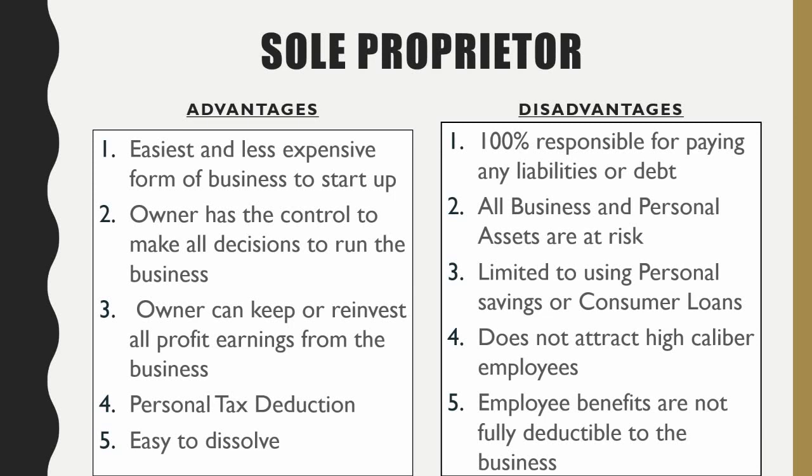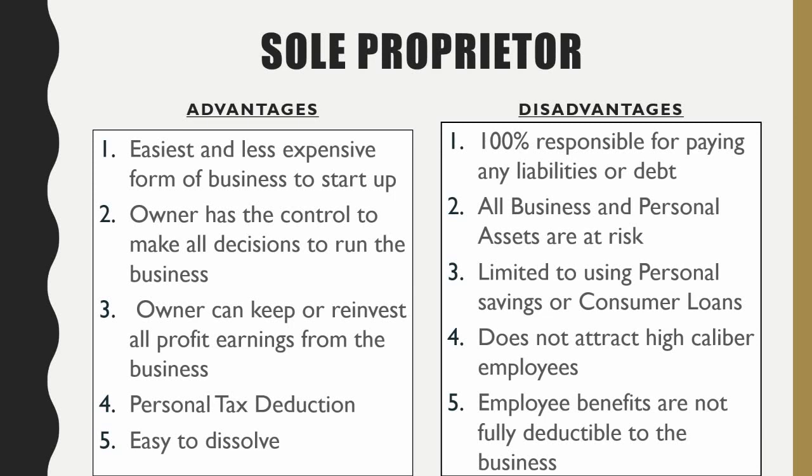It's online, and usually it gets approved within 30 days. It's about $100 right now for a business license. It is the easiest and least expensive way to create your own small business, because you and the business are one, so it's the easiest to establish and start up right away.